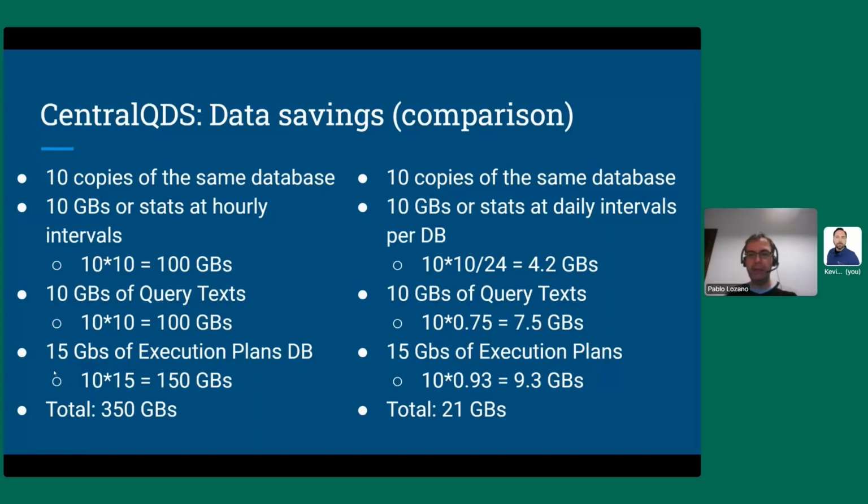So that's real space saved. And since you don't have to keep all that information on the individual servers, you can save there. You don't really need to keep all that information there unless you really want to use the report to scan all that data, and you still have these metrics, not as granular as the hourly intervals, but you can have some archive of that information on the date level.